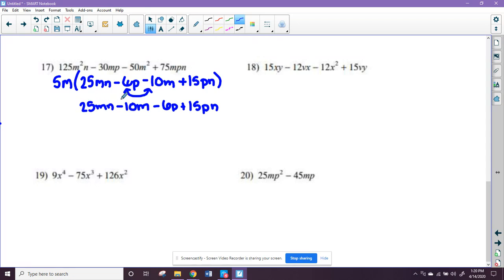Now, do we have common variables with our first 2 terms? We do. We have n's in common. And then over here, do we have variables in common with these 2 terms? We do. We both have p's. So this is going to factor nicely for us. So now we're just going to split it right down the middle.